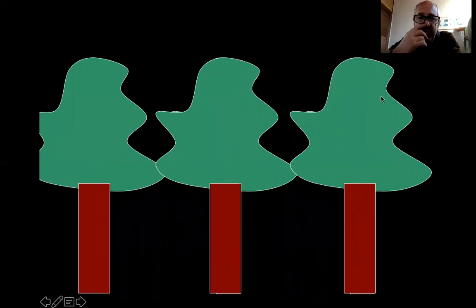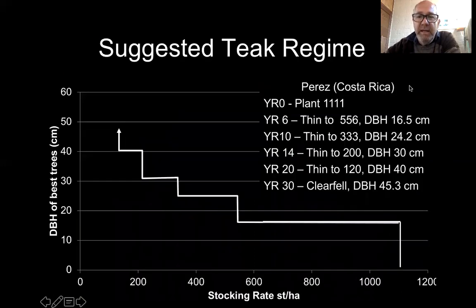And for different species, because of their shade tolerance, we can look at how much different light levels they actually need in the forest. This is a teak regime coming from research in Costa Rica. What they're suggesting growers do if they're focused on just producing teak sawlogs. And here you can see when the trees are young, small in diameter, you have about 1,000 trees or more per hectare. Let them grow to about 15 centimetres, and then you harvest half of them.